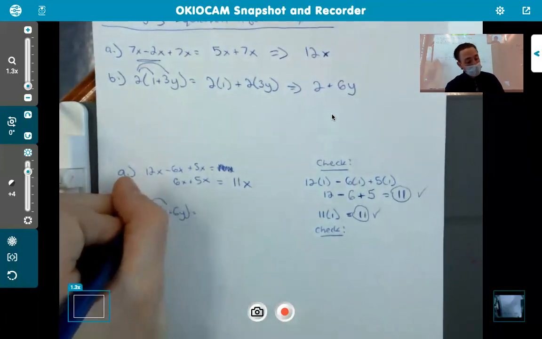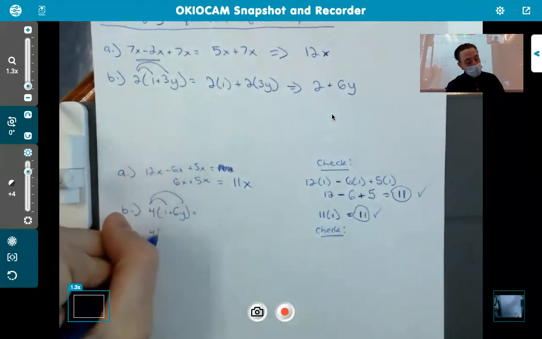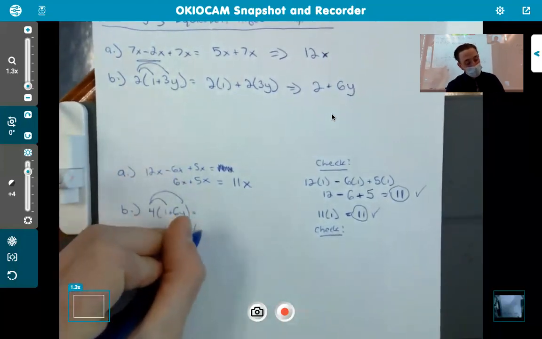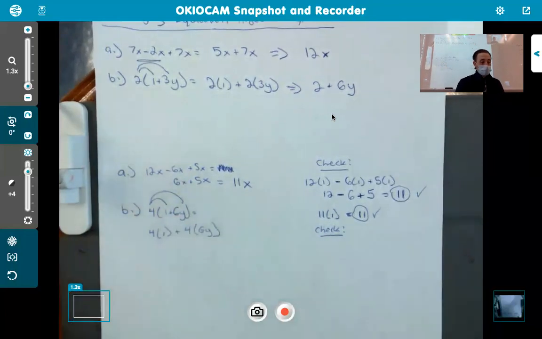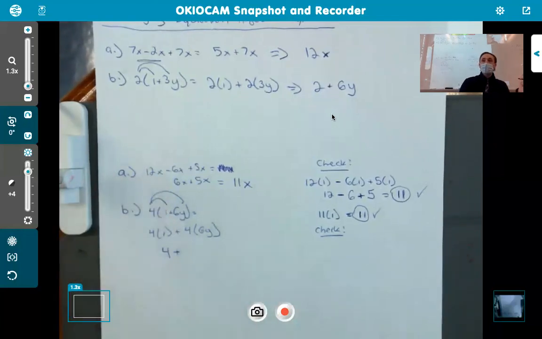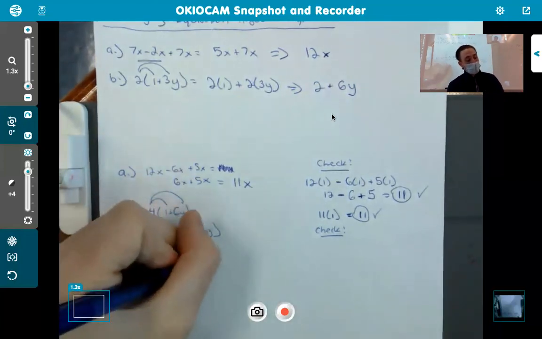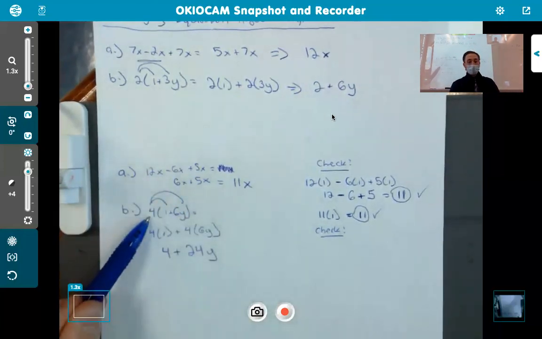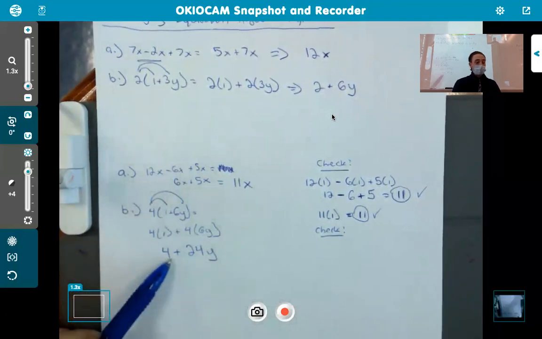Multiply it by each of the terms inside, right? So I have 4 times 1 plus 4 times 6y. Well, what's 4 times 1? 4. What's 4 times 6y? 24y.